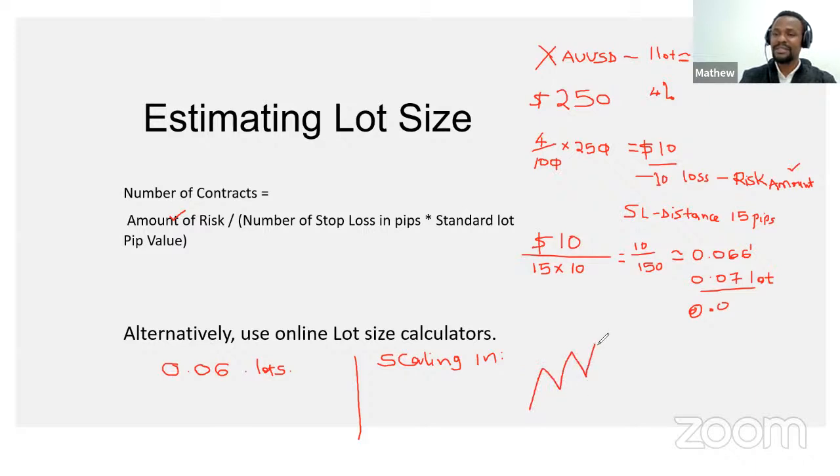I mentioned that this approach of scaling in or layering is better if you have a clear trend, if it's an uptrend or downtrend. So in scaling in, this is our initial entry at this point, and down here is maybe 15 pips.